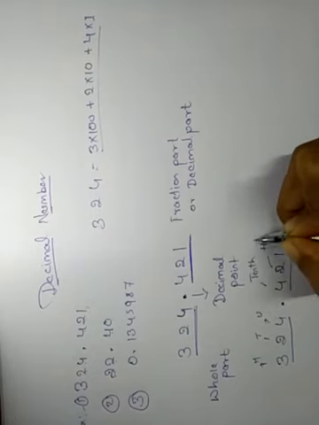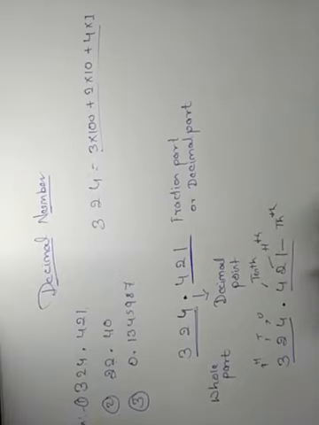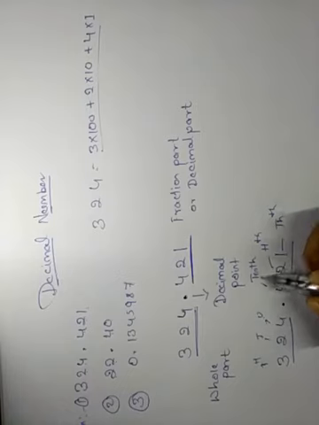This is hundredth, and this is thousandth place, right? Don't get confused. We read units, tens, hundreds. Here, tenth, hundredth, and thousandth, right?